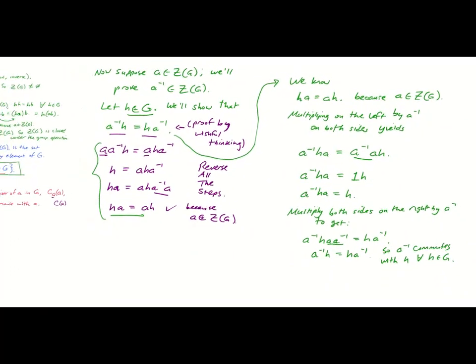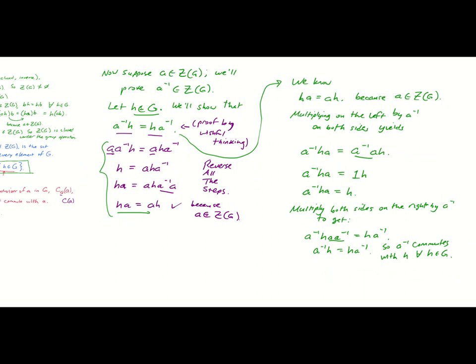So let's zoom out a bit and we'll wrap this up. Okay, so the center contains the inverse of each of its elements. So now I know it's not empty, it's closed under the group operation, and it has inverses.